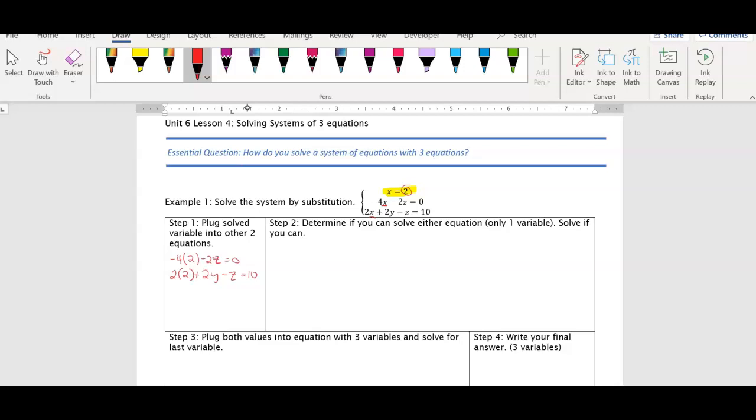So what I want to do now is simplify by getting rid of the parentheses. So -4 times 2 is -8 minus 2z equals 0. Then I'm going to take my other equation, write it over here. I have 2 times 2 is 4 plus 2y minus z equals 10.